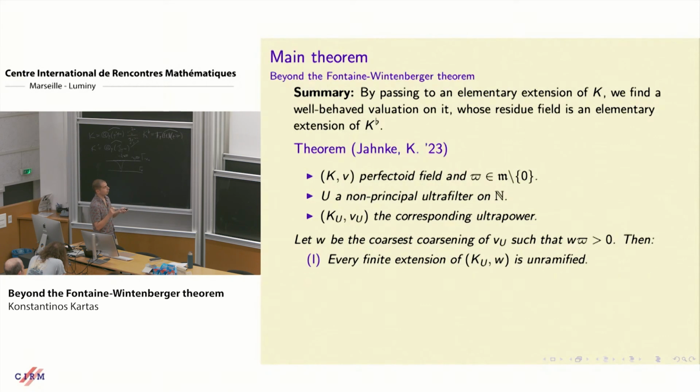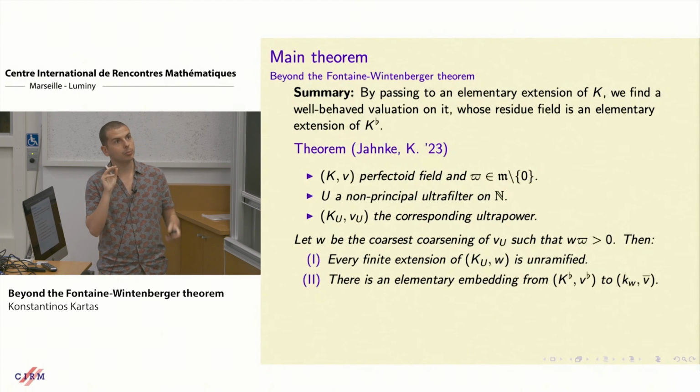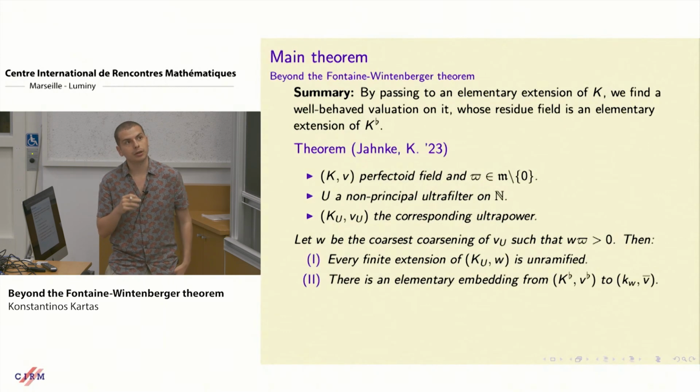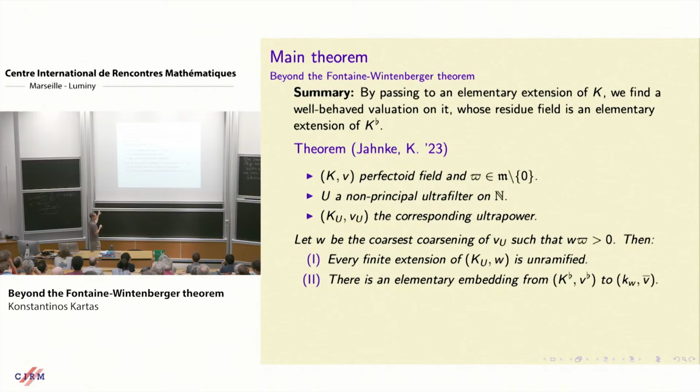The second part: if you make the valuation nice, this does not come for free. The residue field now is more complicated than before. But part 2 says exactly how complicated it is, and it's going to be the tilt in disguise. So it's maybe useful to draw a picture.